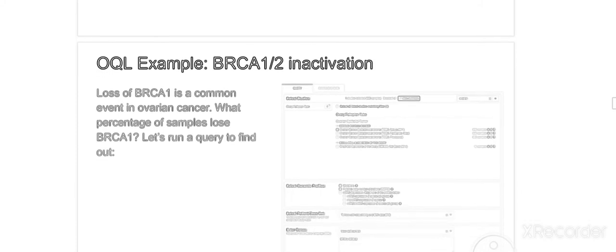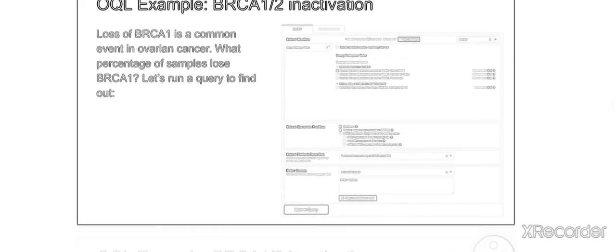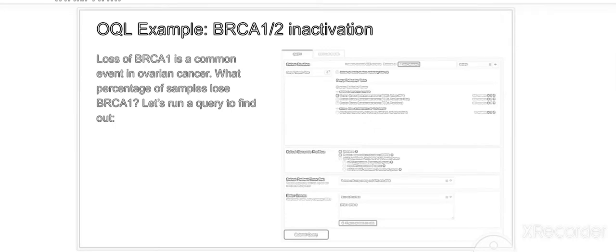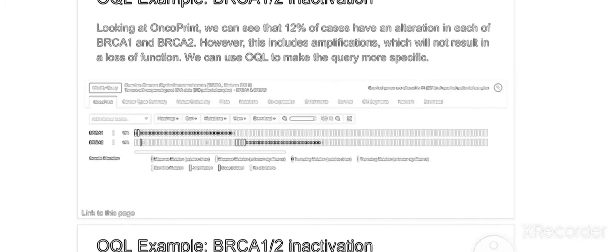Okay, let's take an example of BRCA1. Loss of BRCA1 is a common event in ovarian cancer. What percentage of samples lose BRCA1? Let's run a query to find out. Looking at OncoPrint, we can see that 12% of cases have an alteration in each of BRCA1 and BRCA2.